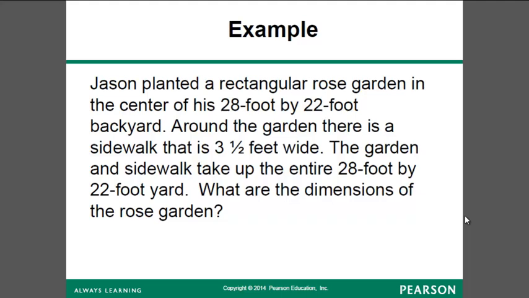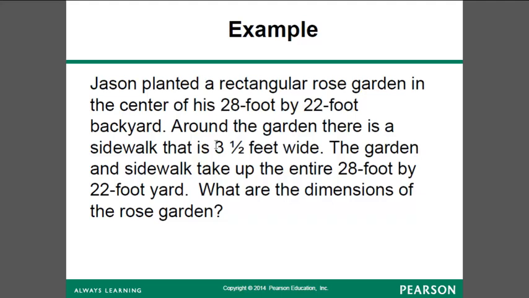First of all, we need to sit here and think about what this is even saying. We want to stop and gather the information that we have and look at what we know. We know that there's a rectangular rose garden in the center of the yard. The yard is 28 feet by 22 feet.